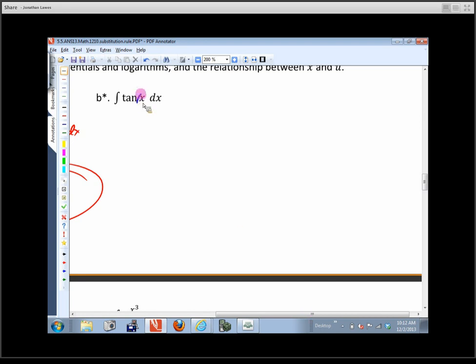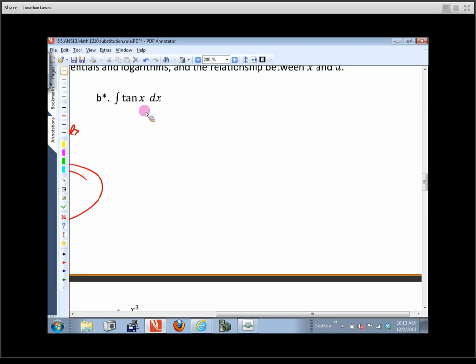Well, you could say x is the inside function, and then its derivative or its differential is dx. So then we could say u equals x and du equals dx, and let's take a look at where that gets us. Literally just change the variables, that's all. Okay. So certainly that isn't going to get us anywhere because that just goes in circles. We've got the same problem we had to begin with.